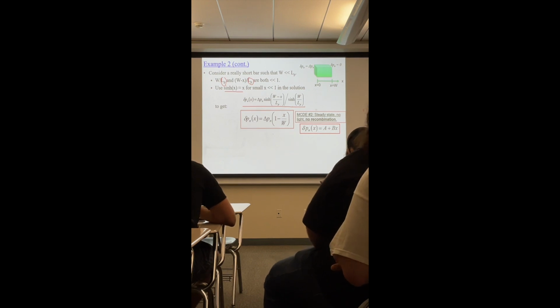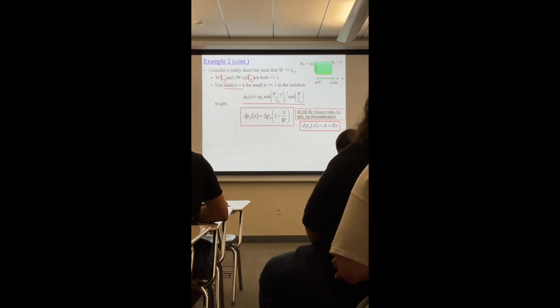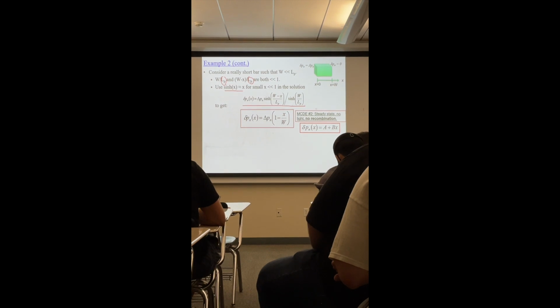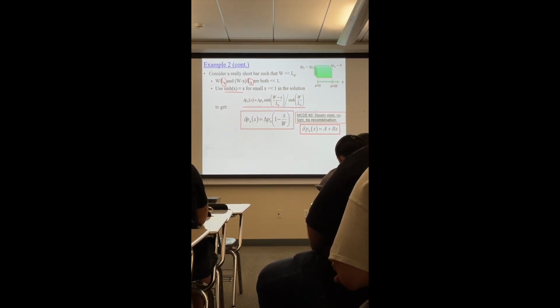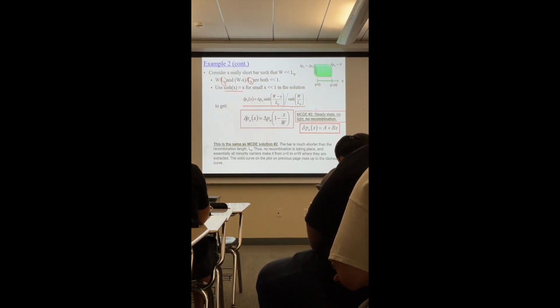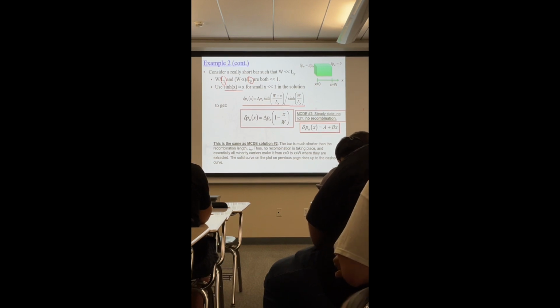So there is no recombination because the bar is much shorter than the recombination length.